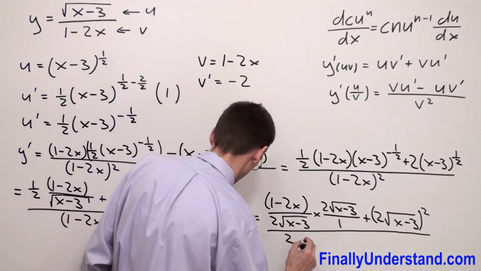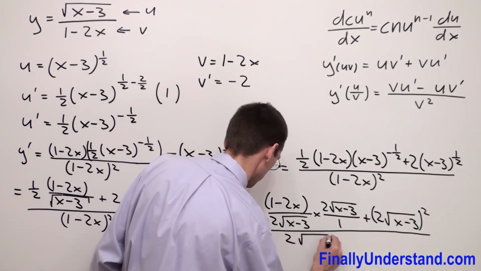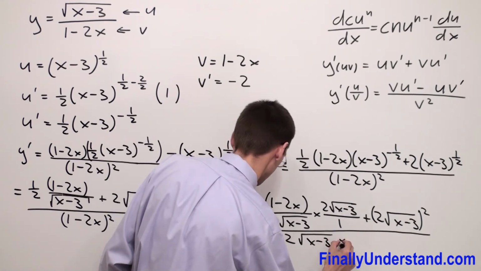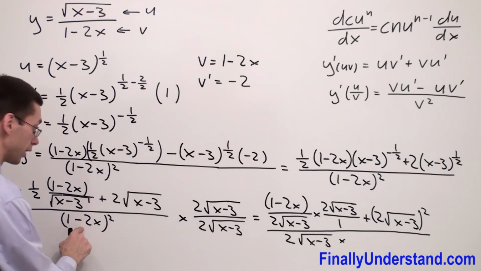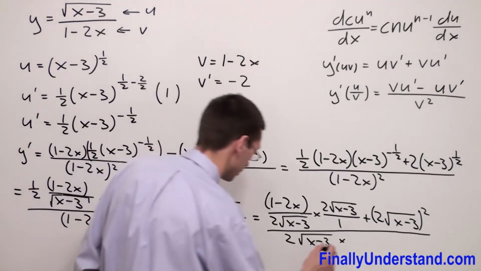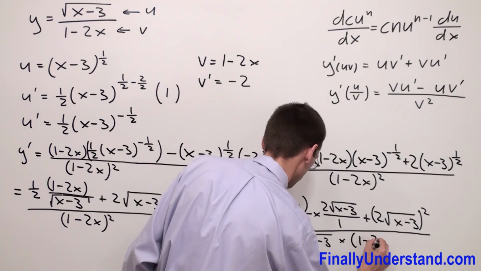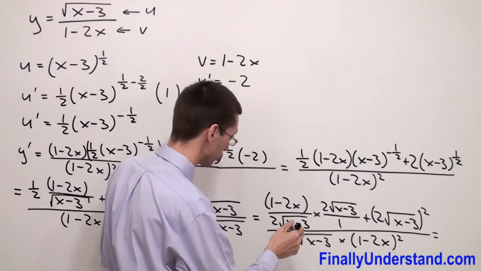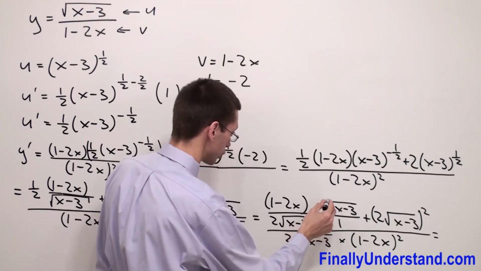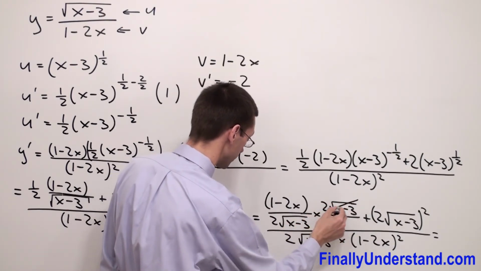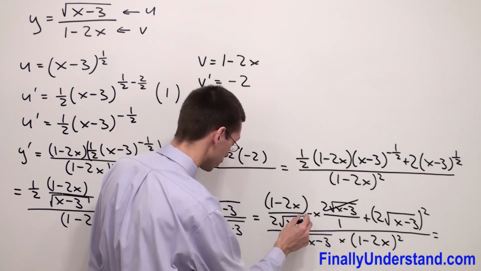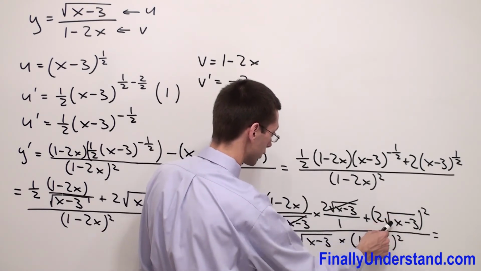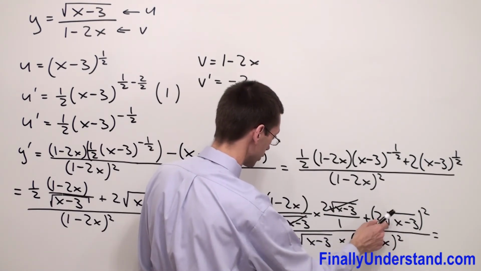2 square root x minus 3 times 1 minus 2x to the second power. Equals. Now we're supposed to reduce 2 square root x minus 3 with 2 square root x minus 3. Okay? And don't forget that if you square a square root, we are going to eliminate the square root.